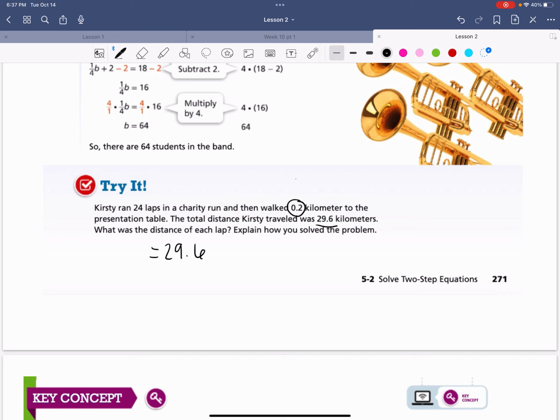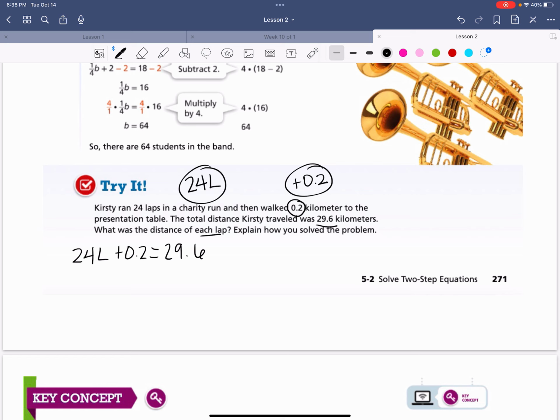So that extra walking is going to add on a distance. So we're adding 0.2. And we want to know the distance of each lap. I'm going to use L for lap. So 24 times L plus 0.2.